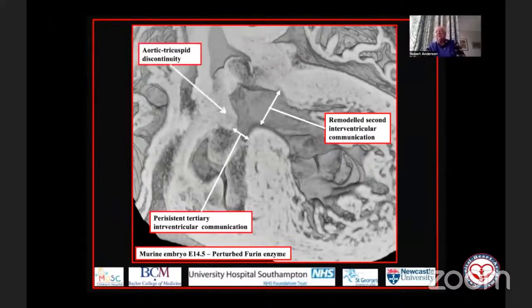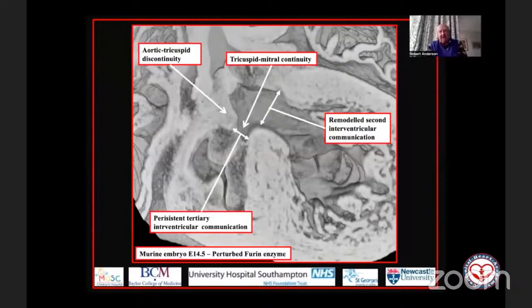But note, there is a muscle mass that is interposing between the leaflets of the aortic and the tricuspid valves. And this shows us that the phenotypic feature for the perimembranous defect is fibrous continuity between the leaflets of the atrioventricular valves. That is, between the tricuspid valve and the mitral valve.